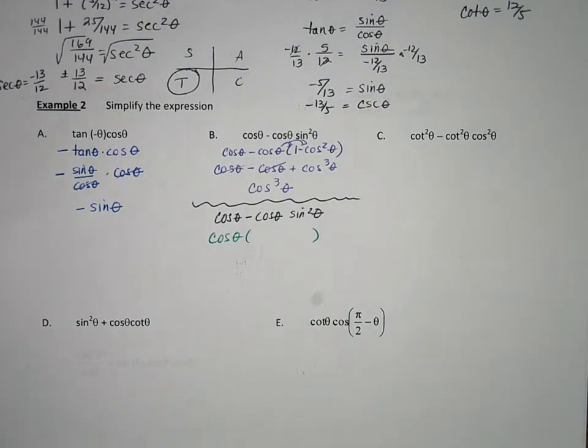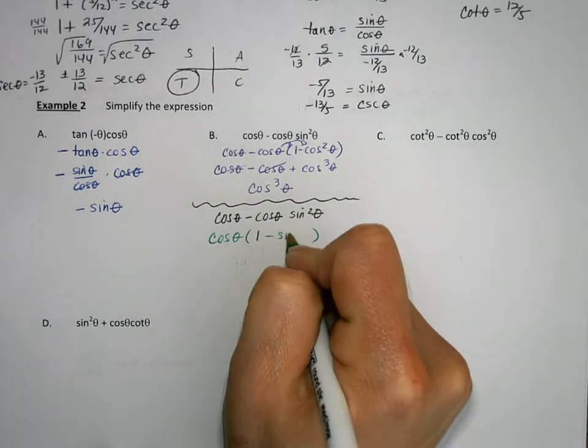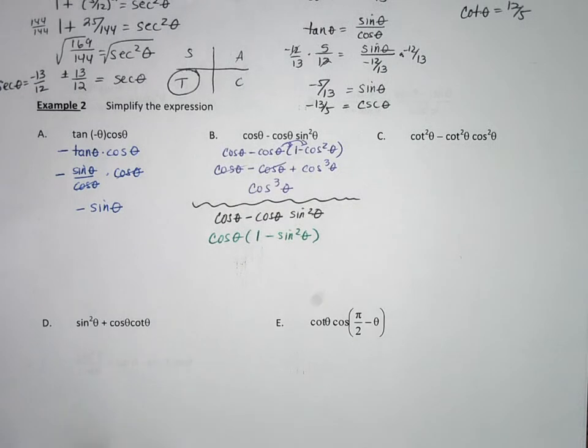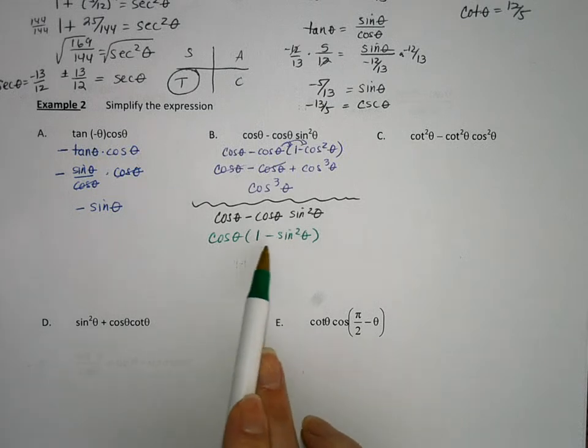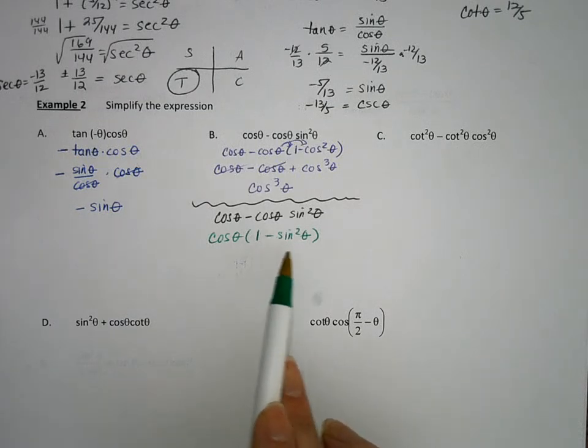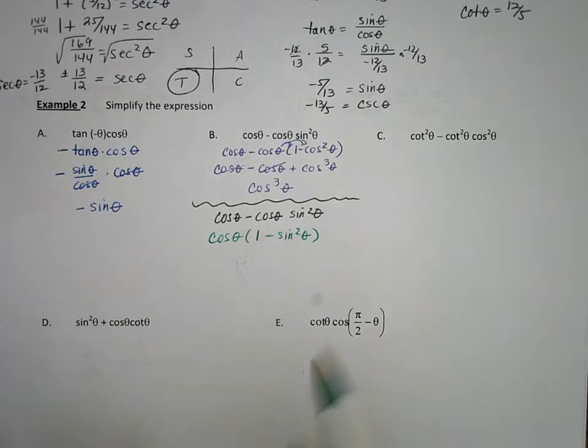Now, what is left inside of those parentheses? 1 minus sine squared. All right, now I want you to look at that big 8 sheet again. And I want you to focus in on the fact that I see 1 minus sine squared. What is 1 minus sine squared? Cosine squared. 1 minus sine squared is the same as cosine squared.